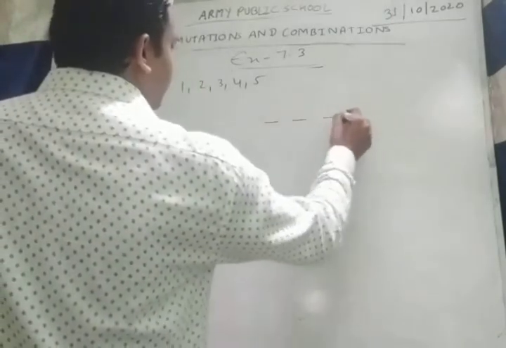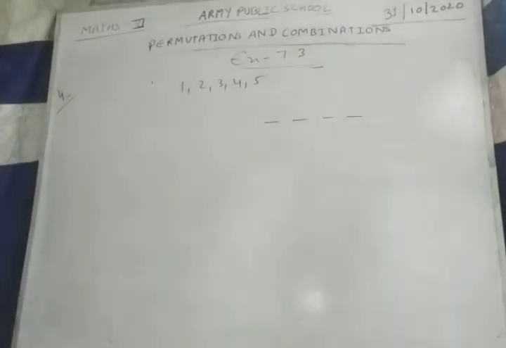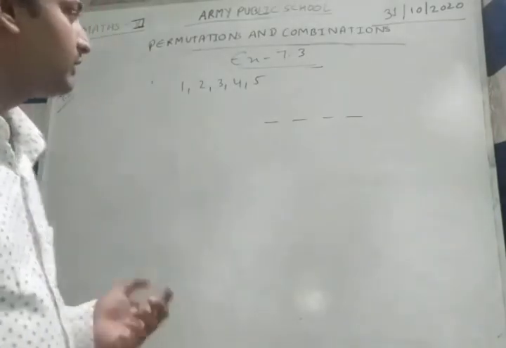We have to find 4-digit numbers with no digit repeated. So in how many ways can we find it?